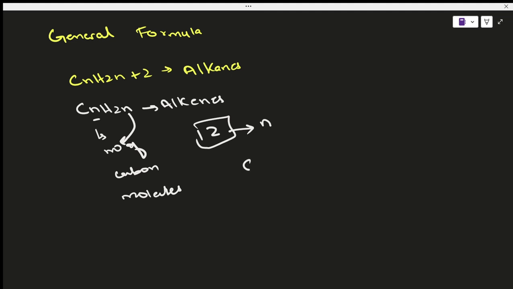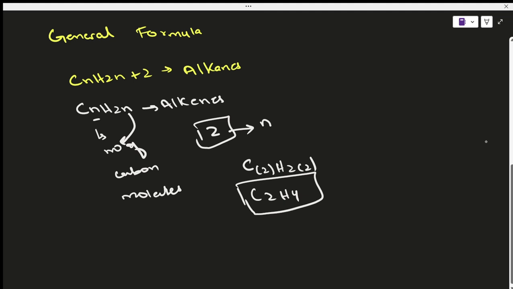So this becomes C2H(2×2), which is C2H4. And this is how you figure out the formula. So let's say if the value for n was 3, you're going to do the same thing. C3H(2×3) is C3H6. And this is how we figure out the molecular formula.